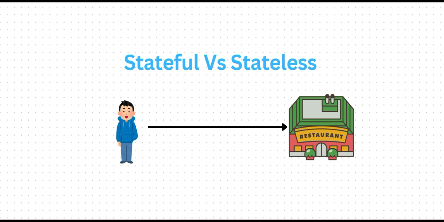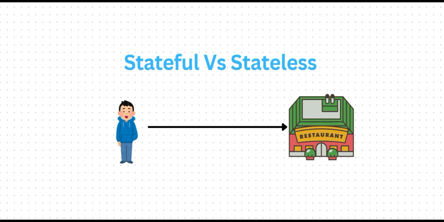If you don't have the receipt, you won't get your order. This is like stateless authentication, where each request is independent, and JWT is commonly used in stateless authentication. So this is all about stateful and stateless authentication.